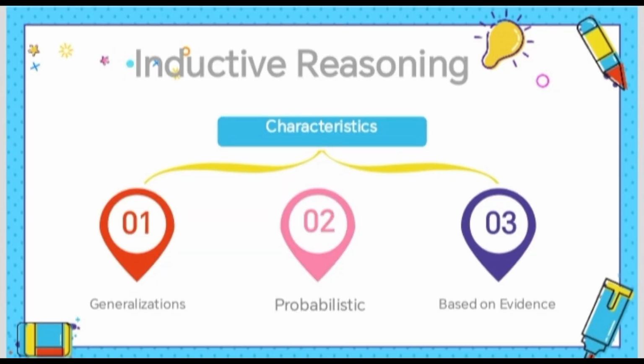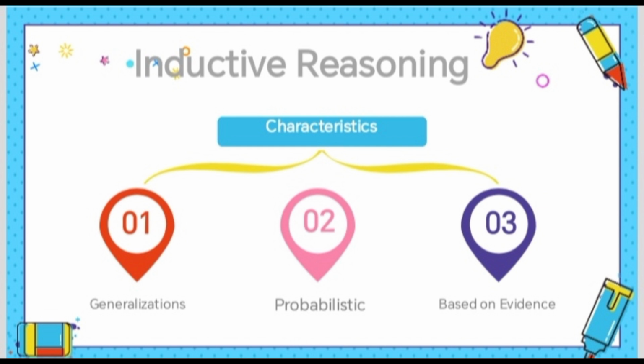And now, let's proceed to the characteristics of inductive reasoning. So these are the three characteristics of inductive reasoning: the generalizations, probabilistic, and based on evidence. So in short, it is a bottom-up approach where specific instances or examples are analyzed to derive broader generalizations or theories.